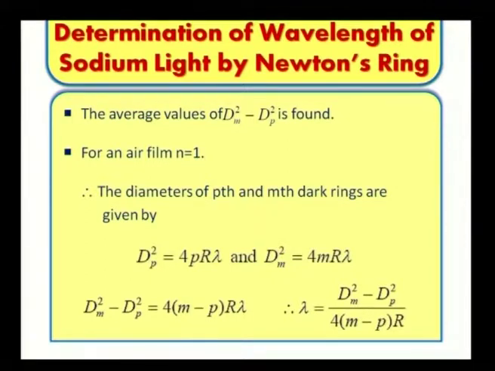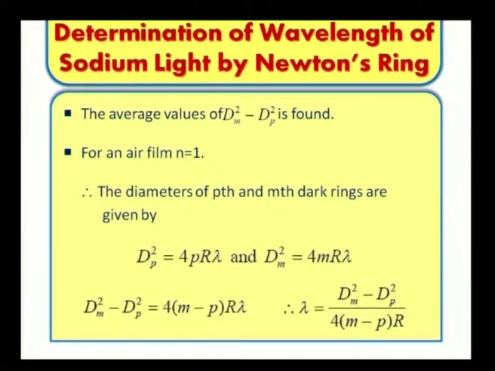So, the diameters of the pth and the mth rings are given by, the pth ring may be the 16th ring and the mth may be the 8th ring or 4th ring. So, dp square, the diameter of the pth ring squared, will be 4 p r lambda.